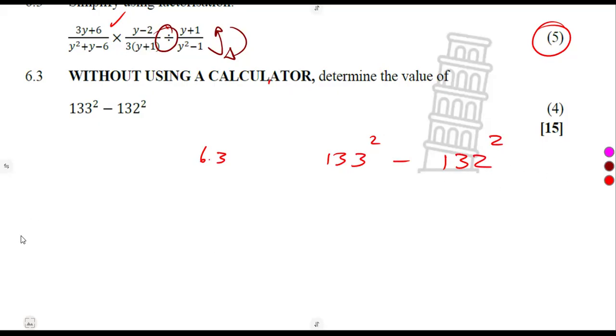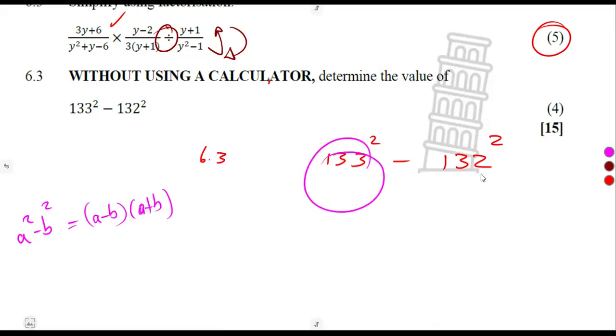It is the same as our difference of 2 squares, which gave us a minus b into a plus b. There is no difference there. Only that these are numbers and these are letters. That is the only difference. So if we were going to have a minus b, what is representing a this side? What is representing b? That is the case.